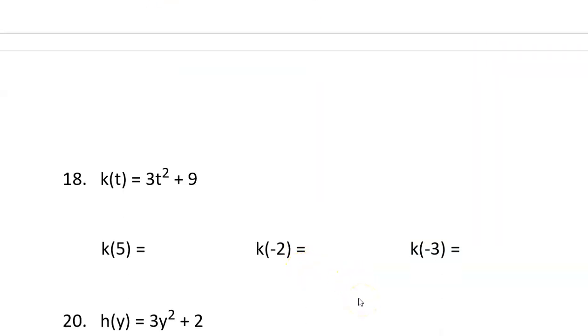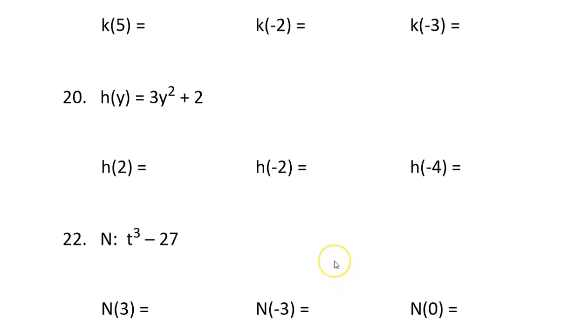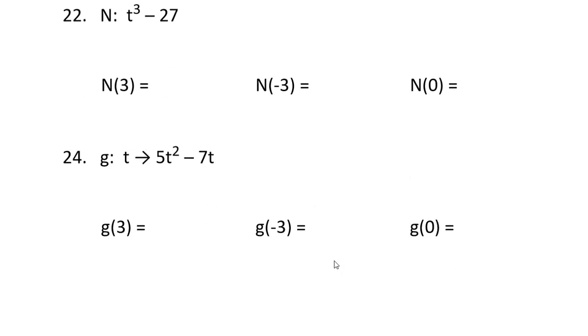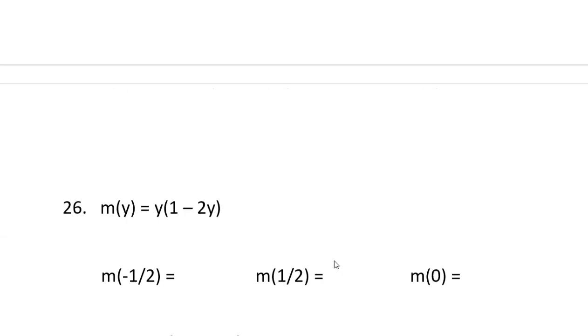The next problems can be done in the same way. So you can do number 18 manually or on the calculator using the y equals key like I've been showing. All of these problems can be done on the calculator if you want to.